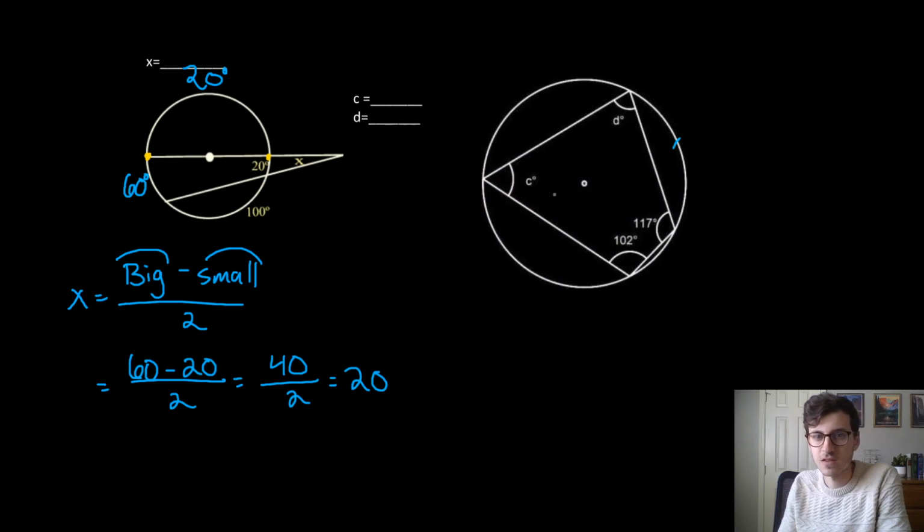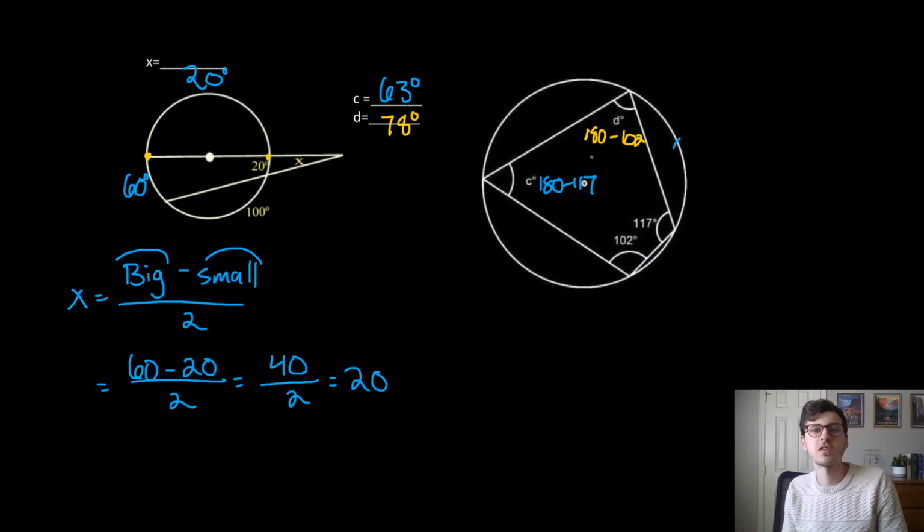So that means that angle C is 180 minus 117, and angle D is 180 minus 102. Pretty straightforward. C then is 63 degrees, and D would be 78 degrees. And if we add all those up, it equals 360, which is the sum of the interior angles of a quadrilateral. Not too shabby.